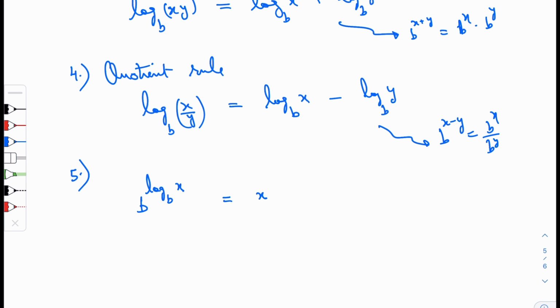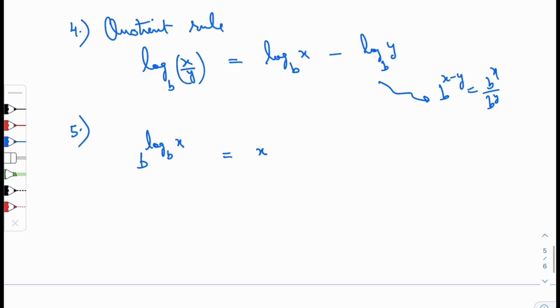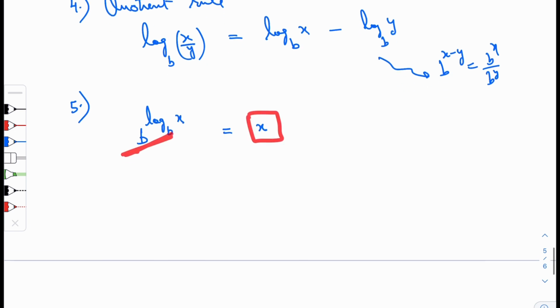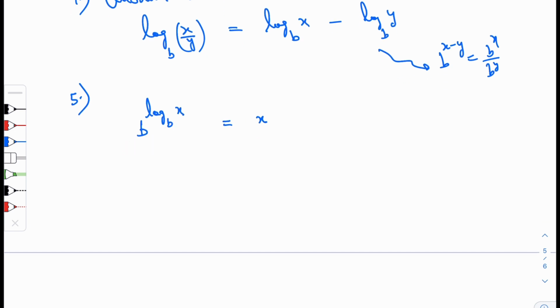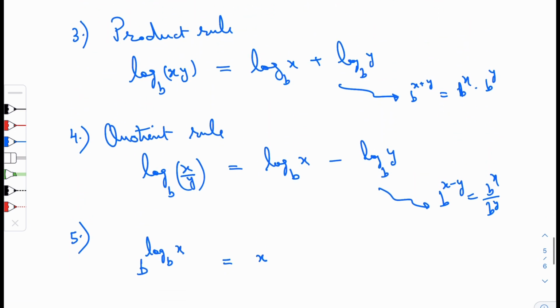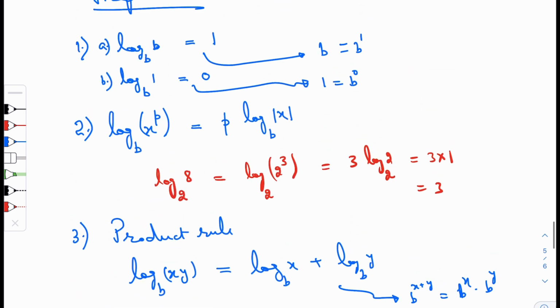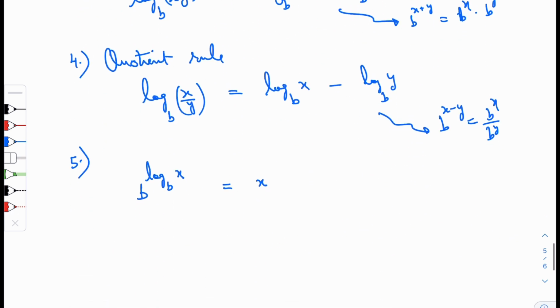Whenever the base of the logarithm and the exponential match, they cancel out each other, and we are just left with x. This is the cancellation property, which comes from the fact that logarithm is the inverse function of exponential. So whenever they match up, they cancel out each other's effect. Right, so these are 5 common properties that we use in computations.